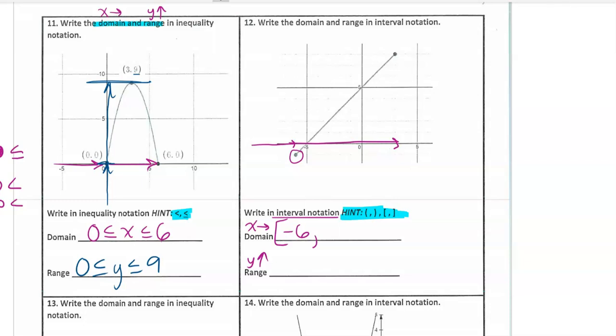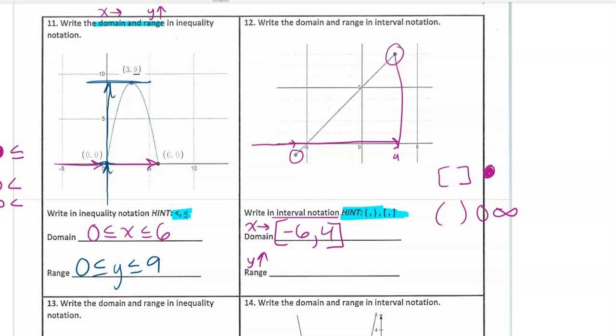Okay, we're just going to say it's 4. We're going to say this point here is at 4. And is there an open circle? No. So we use the brackets. And we can make a little note here. Brackets are for closed circles, and parentheses are for open circles or infinity.